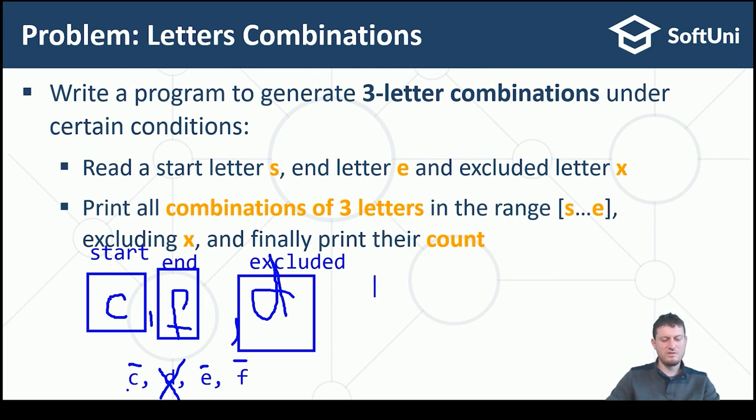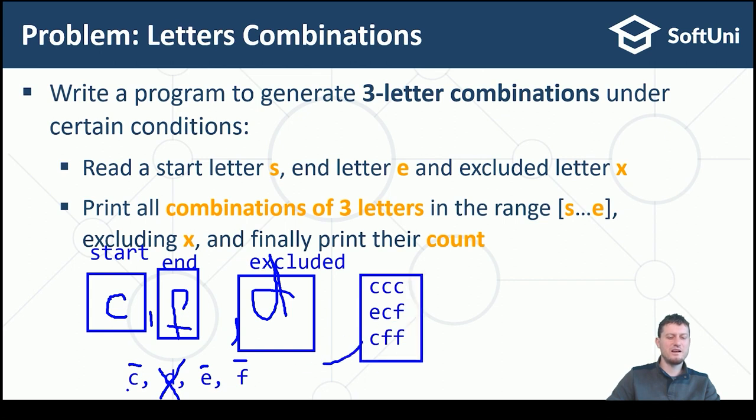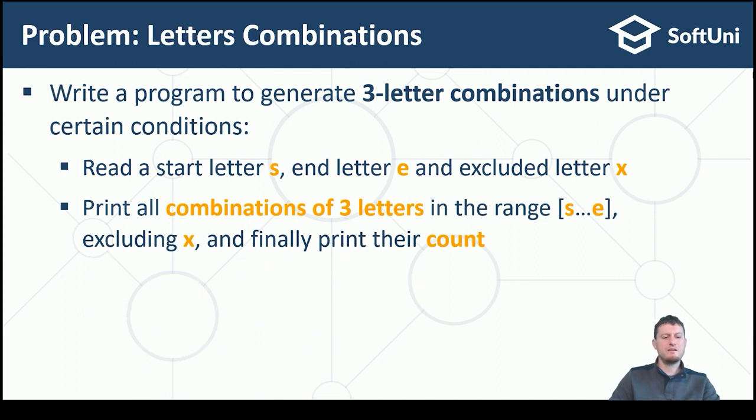For example, C, C, C. Another example is E, C, F, or C, F, F. These are all valid combinations of 3 letters among this set. Okay? This is an example.